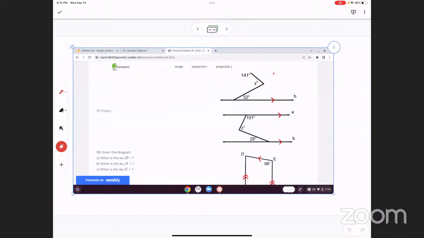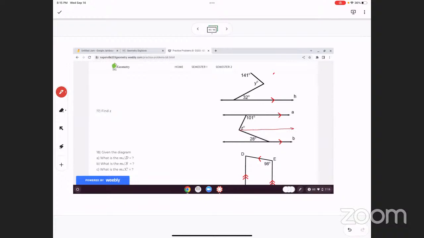So it says find Z, and you know that those are parallel to each other. So what you should do is draw in another line right through Z that's parallel to it. Let's draw a line that's parallel to A and B. Now, if this is 28, you know this has to be what? See how it's the alternate interior?